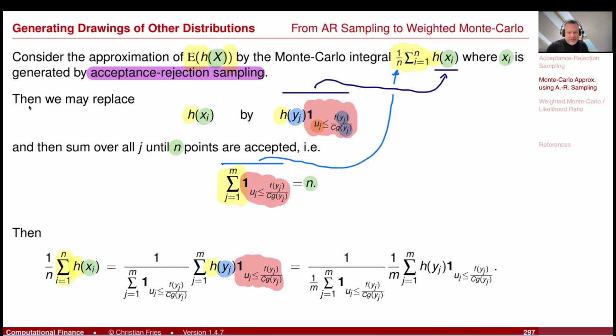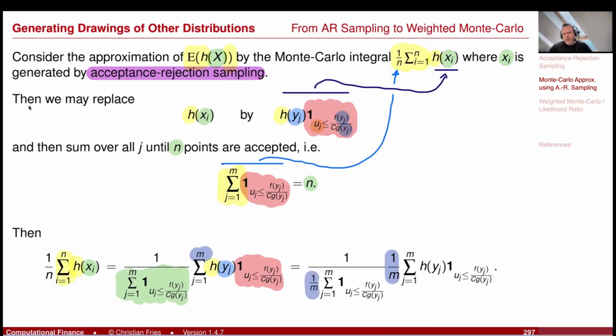How many points do you sum? We sum m different points here. And we divide by the number of points that have been accepted, which is by construction my n. So I divide by the sum over the indicator functions. You could also add a 1 divided by m in front, here and here. That doesn't change a lot.